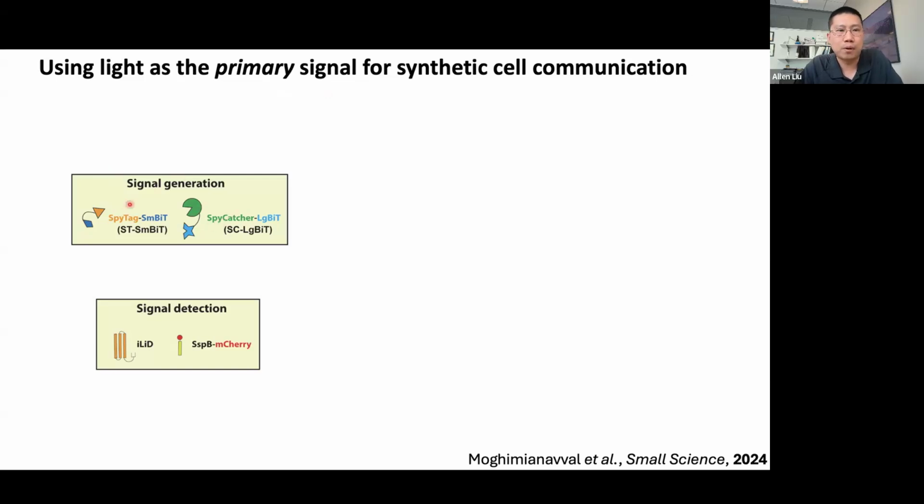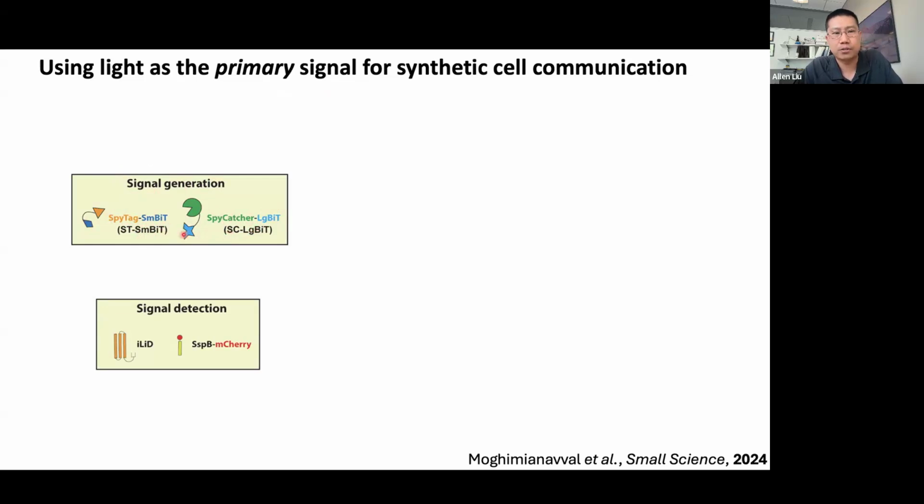So it has two parts. One part is signal generation. Light can be produced by luciferase, and here we essentially tag spike tag with SM bit and spike catcher with LG bit, and LG bit and SM bit will complement and form nanobit. This is a way to generate blue light with the signal generation.